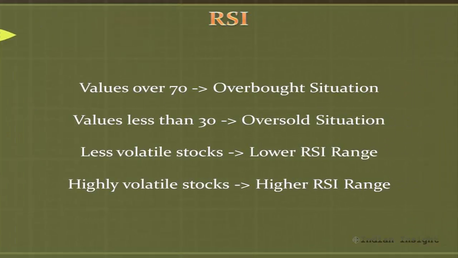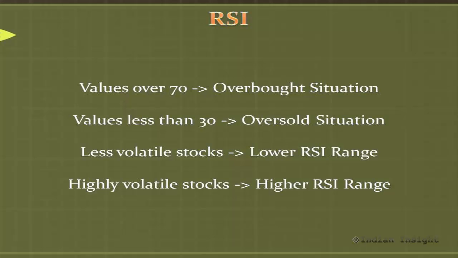In general, a value above 70 in the RSI represents an overbought situation, and a value below 30 suggests that the asset is oversold. While the range of 30 to 70 may be a good rule of thumb, you will find that some stocks actually trade in a much narrower range.